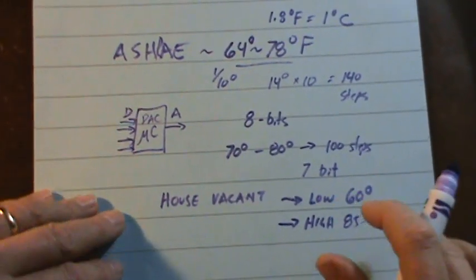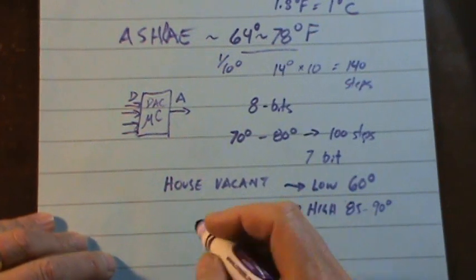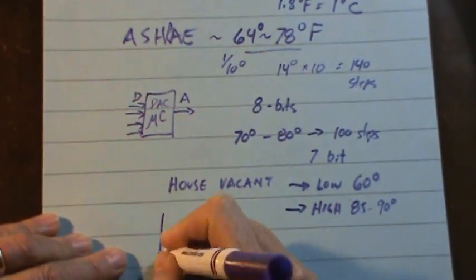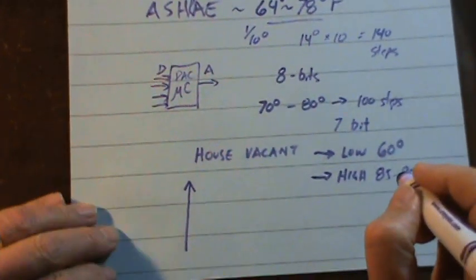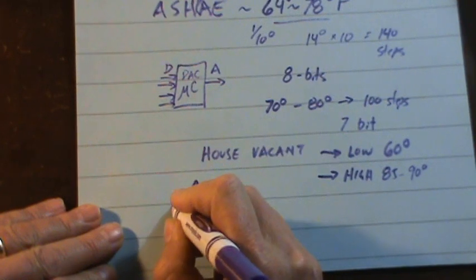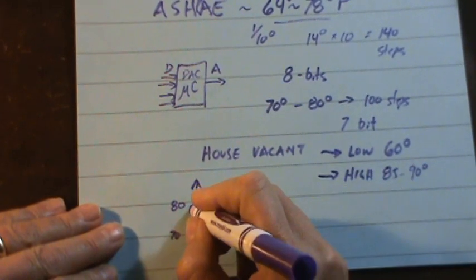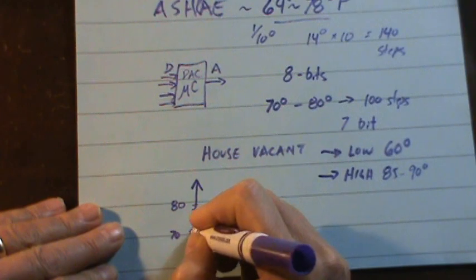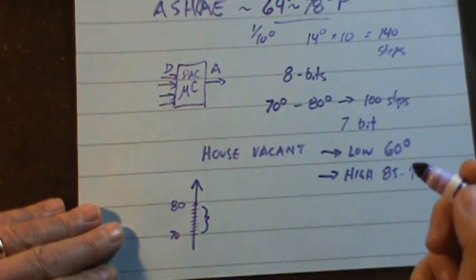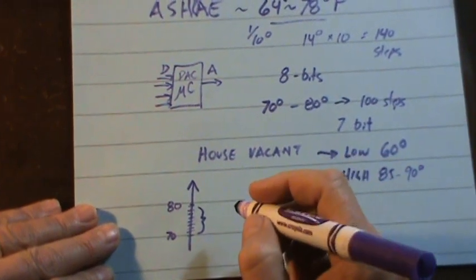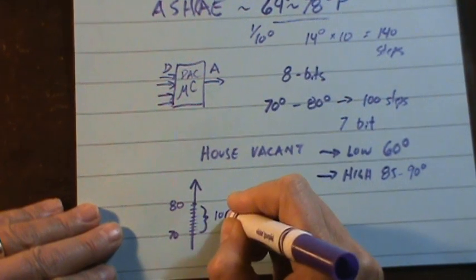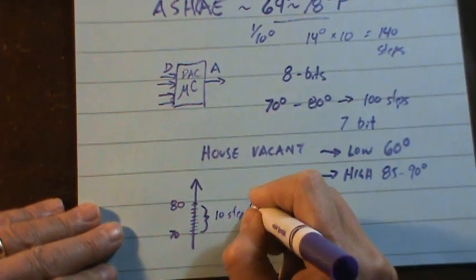Now some folks came up with what I thought was a neat idea of saying, okay, in the temperature range that I really care about, maybe between 70 degrees and 80 degrees, I'm going to have my 10 steps per degree, and I can set it finely, because that way I really have a preferred temperature setting.